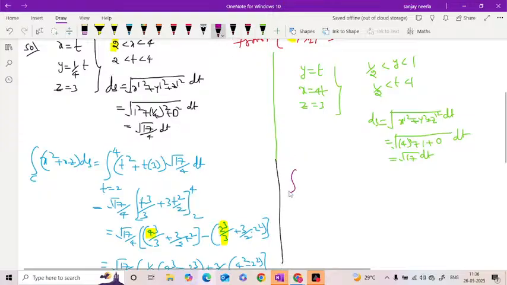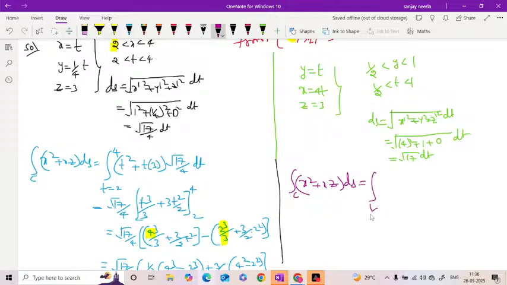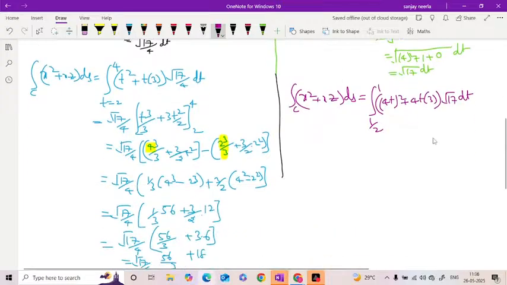Now come to the calculation part. Now the line integral over c of x square plus x z into ds. Now substitute. T limits are 1 by 2 to 1. So x is equal to 4t, that means 4t whole square, plus x which is 4t and z is 3, into ds. ds is root 17 into dt. Now simplify.